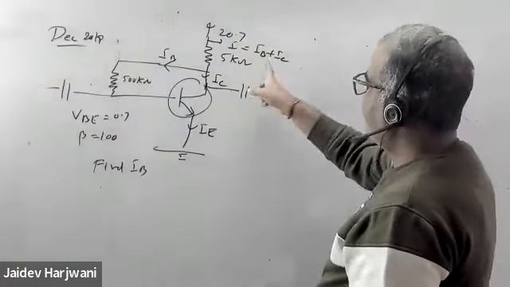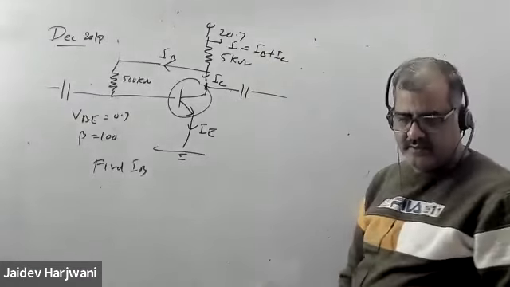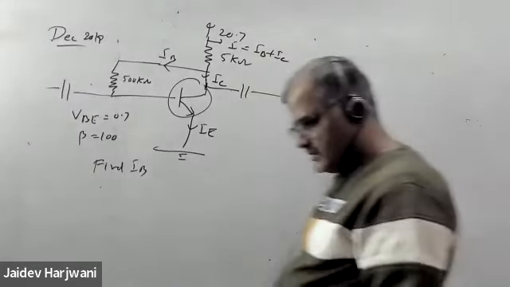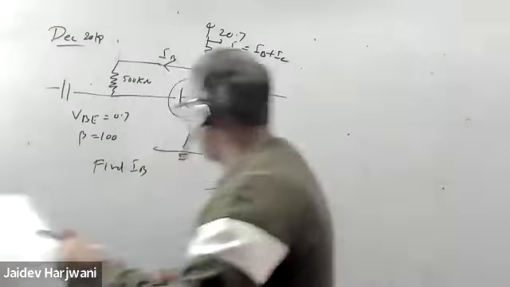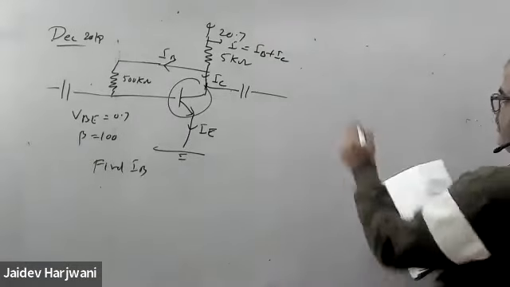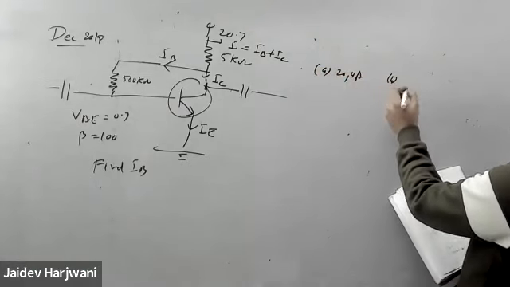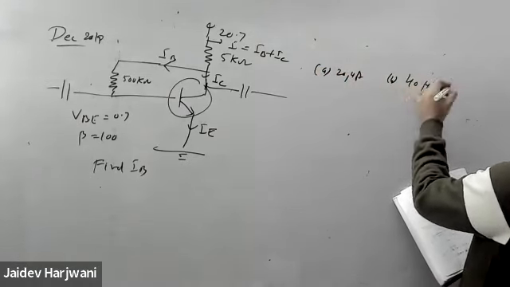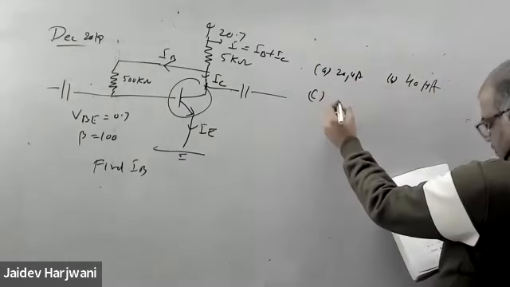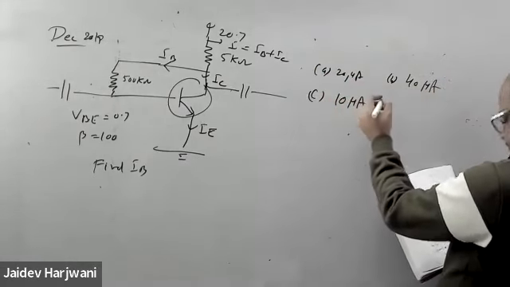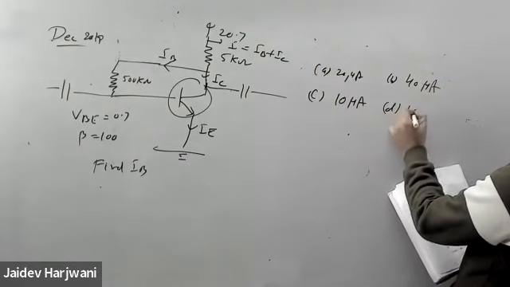So in the 5 kilo ohm, the current flowing is IB plus IC. Solve this. I am giving you options: A is 20 microampere, B is 40 microampere, C is 10 microampere, and D is again 100 microampere.